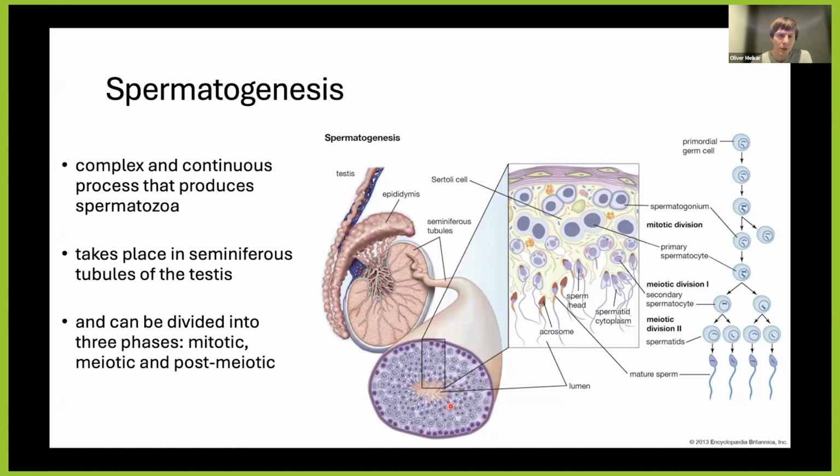So this is a continuous process, and it can be divided into three phases. The mitotic phase is when they divide and create identical copies of each other.